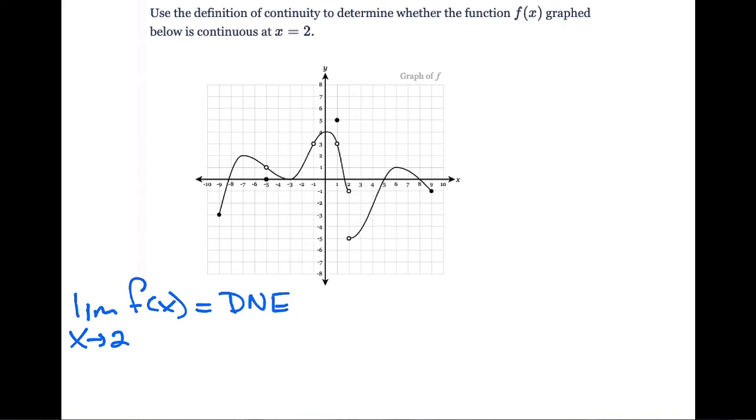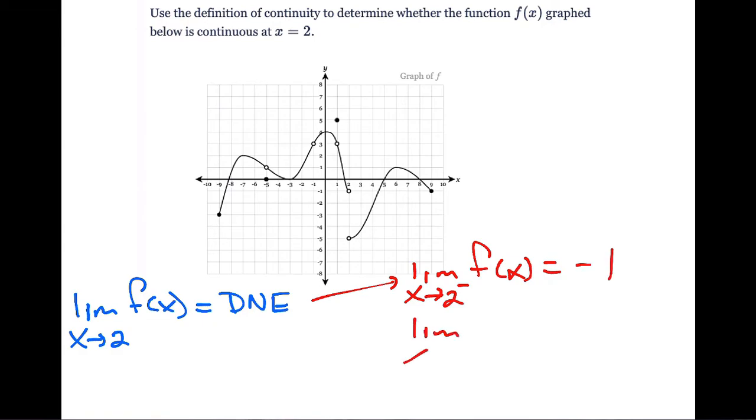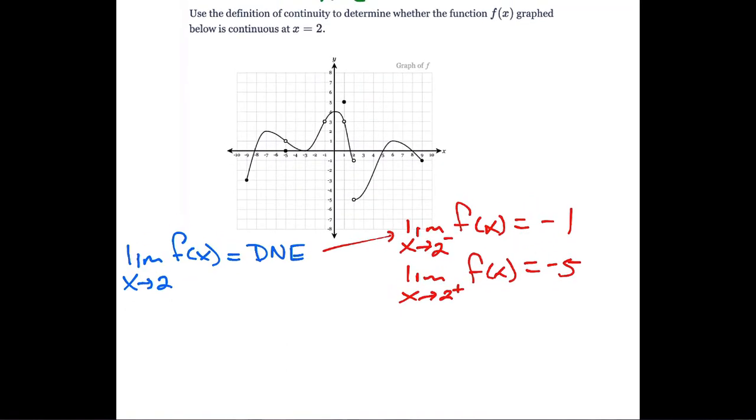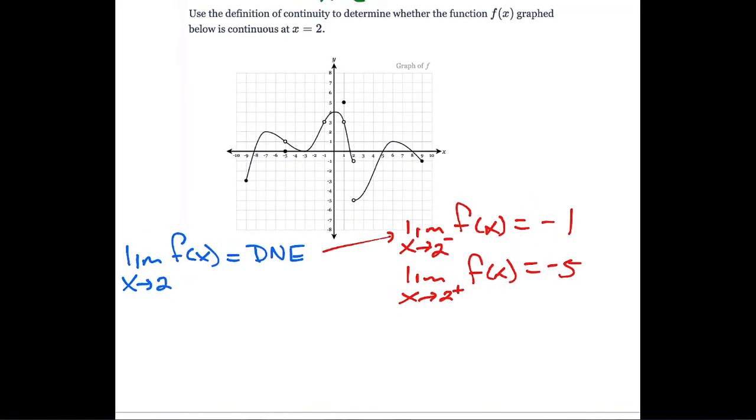It doesn't exist because the limit as x goes towards 2 from the left side is equal to -1, but the limit as x goes towards 2 from the right side is equal to -5. So that limit doesn't exist. Furthermore, on this particular one, f of 2 does not exist.